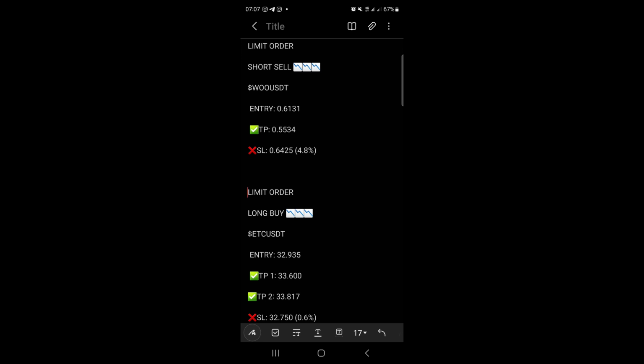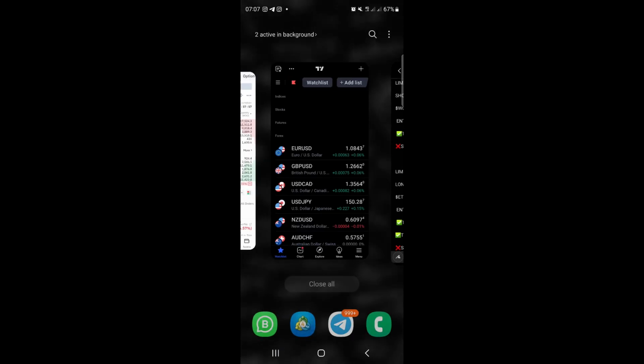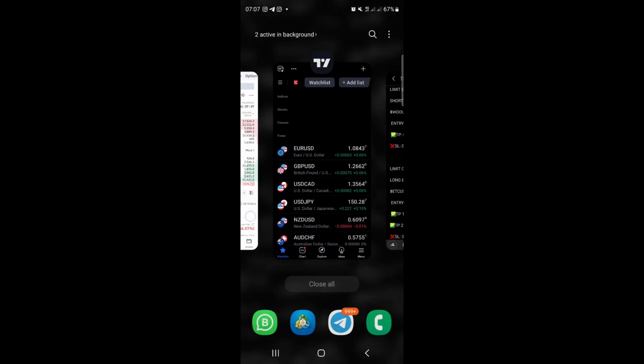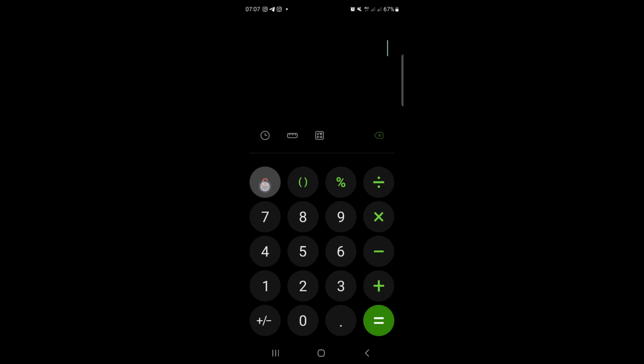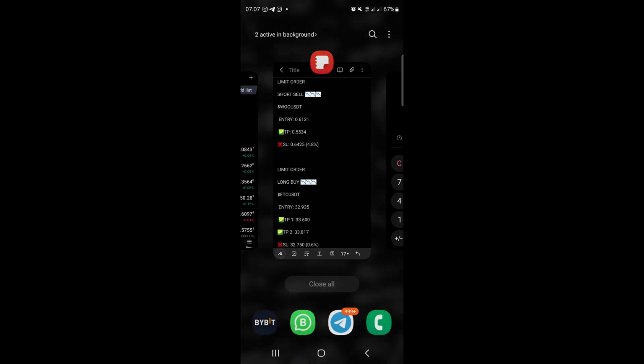So this is a short sell. The entry is 0.6131, while the stop loss is 0.6425. What I got here is 4.8%, but I'll show you how I arrived at that. First of all, go to your calculator. If you remember, the stop loss was 0.6425.